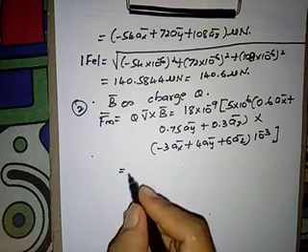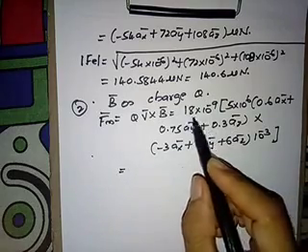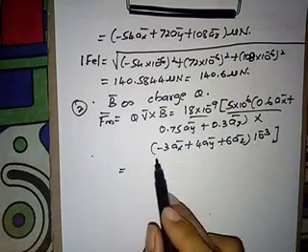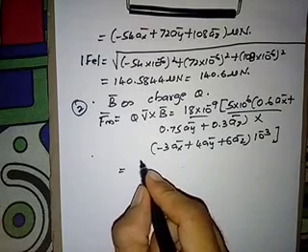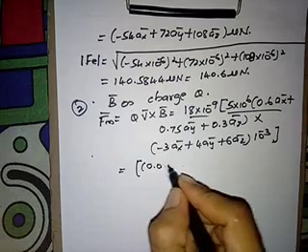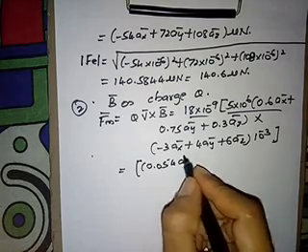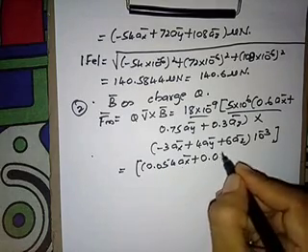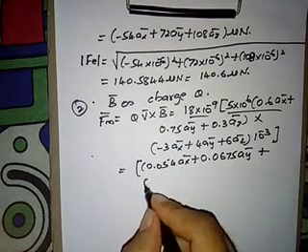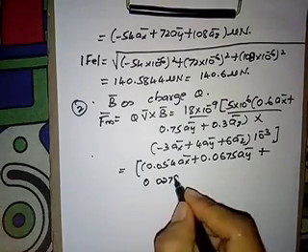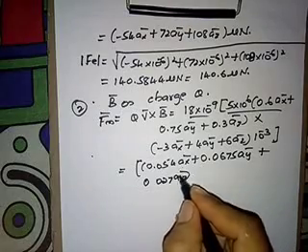First we multiply the constants with the velocity term, and then with the field term. So this will be equal to 0.054 aX bar plus 0.0675 aY bar plus 0.027 aZ bar.